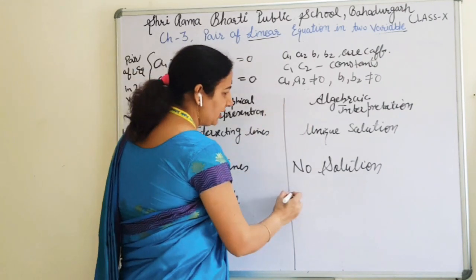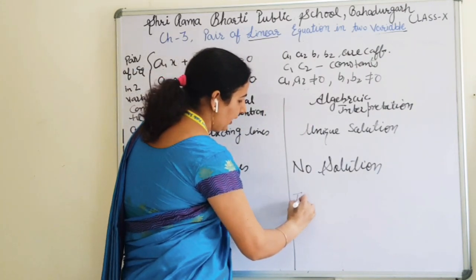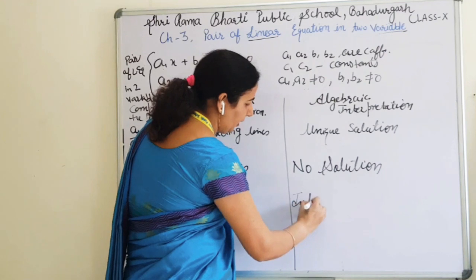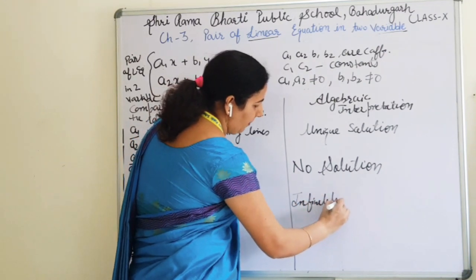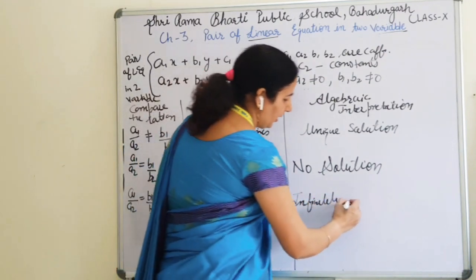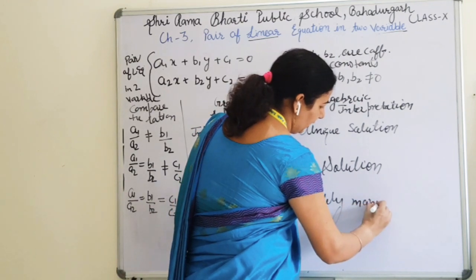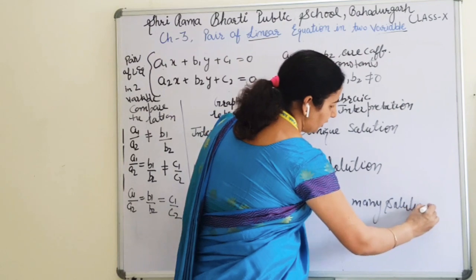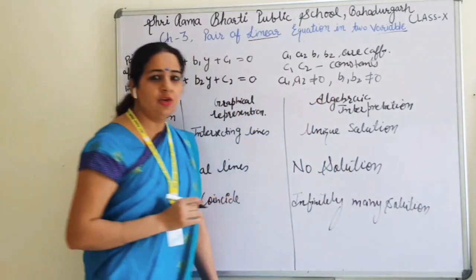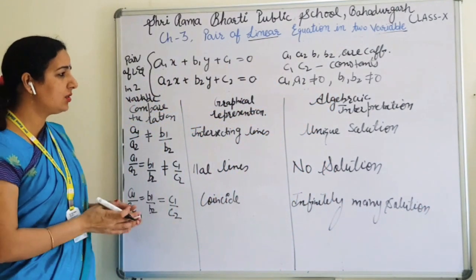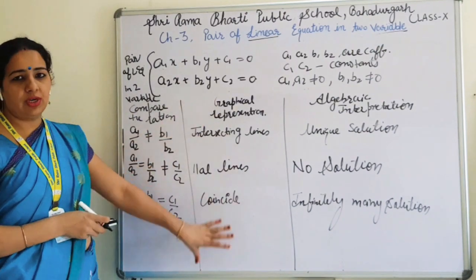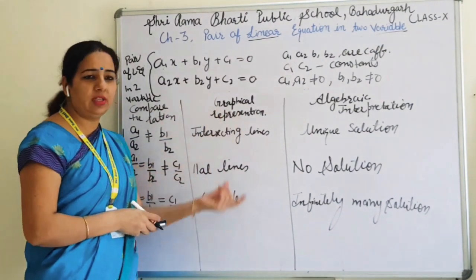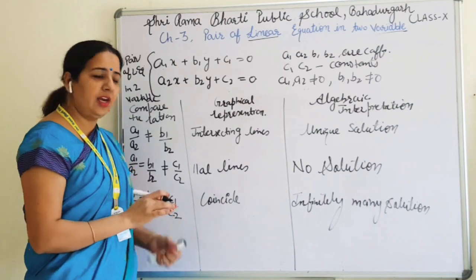And what about the algebraical representation? Infinitely many solutions. So here both these equations have infinitely many solutions. So this is all about how we can solve these equations by comparing the ratios.